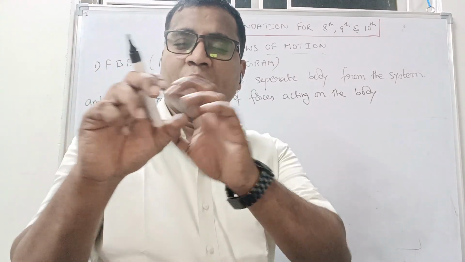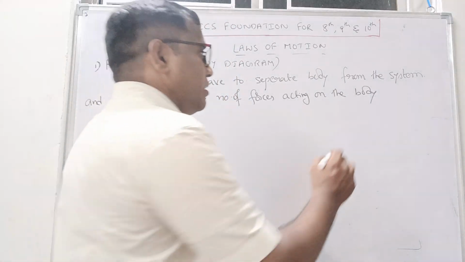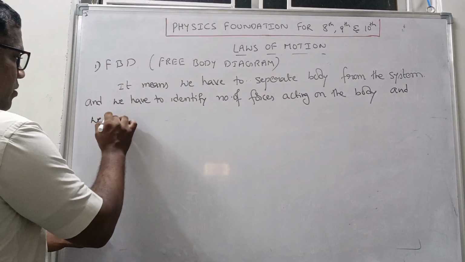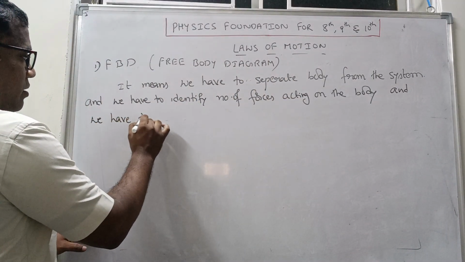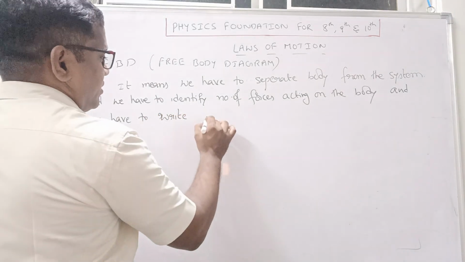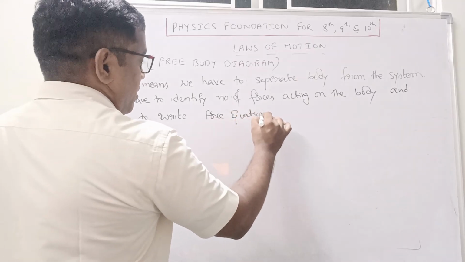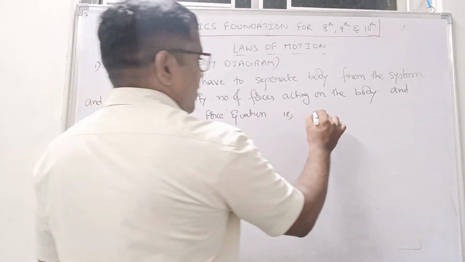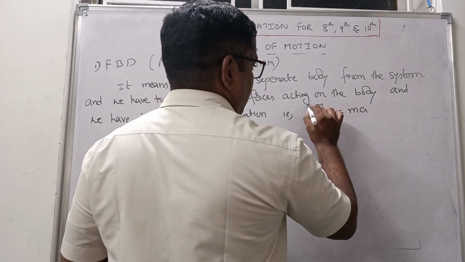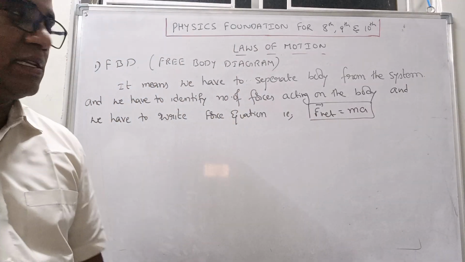On this body we have to check how many forces are there, and we have to write the force equation. That is F net is equal to mass into acceleration.